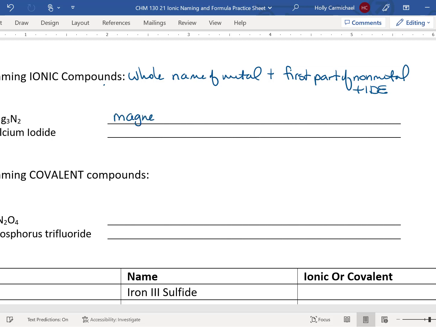Magnesium nitride. No number prefixes are needed. That is the way that they combine.